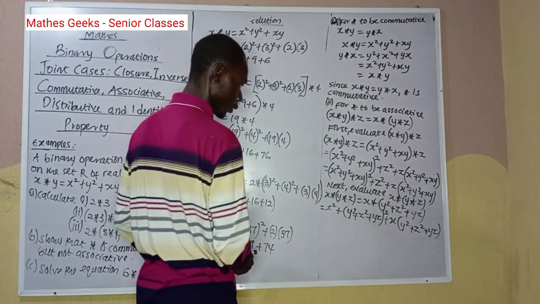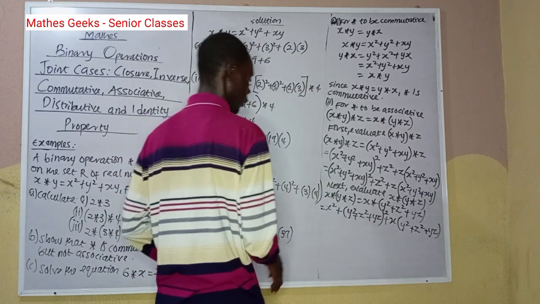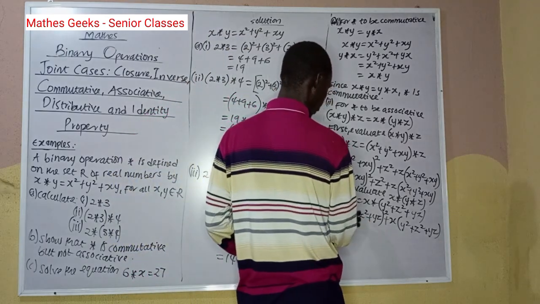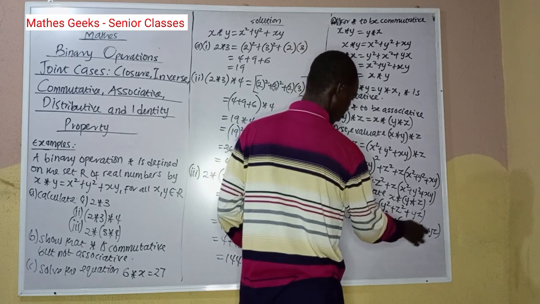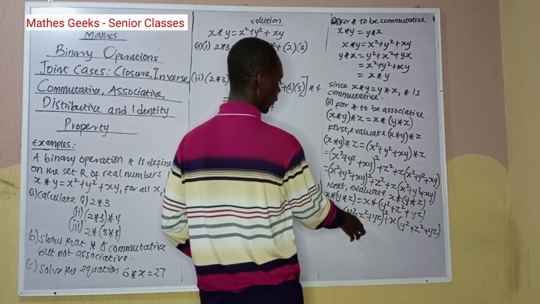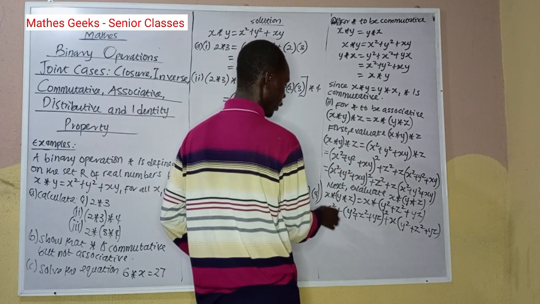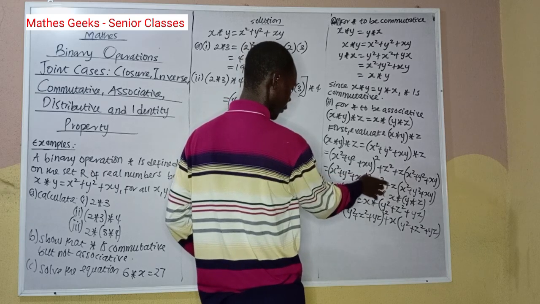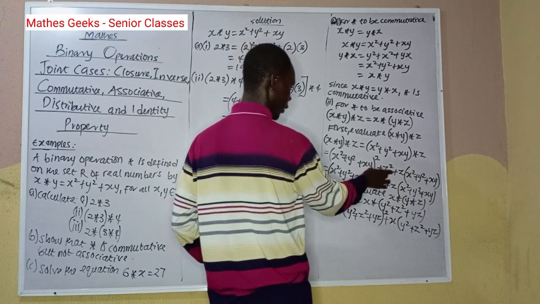If you take a look at it, I'm going to stop here because we're already done with it. So here we have x squared plus y squared plus z squared plus yz squared plus x, brackets open, and then you have this expression. If you compare this to the first part, here we have x squared, we have z squared, here we have x squared, here we have z squared.